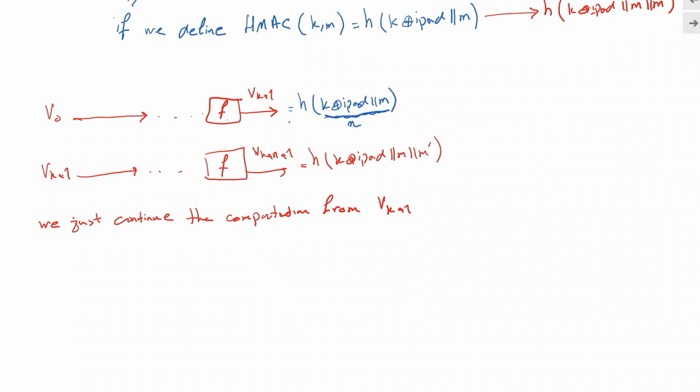Now we are saying that the attacker can continue the computation. So if we were to compute a longer message over here, looking into the computation, for example, when you use the Merkle hash function, you will see that you don't reuse the key over here. You use the bits of the key, which we XORed with iPad, only in the beginning of this iteration, right?